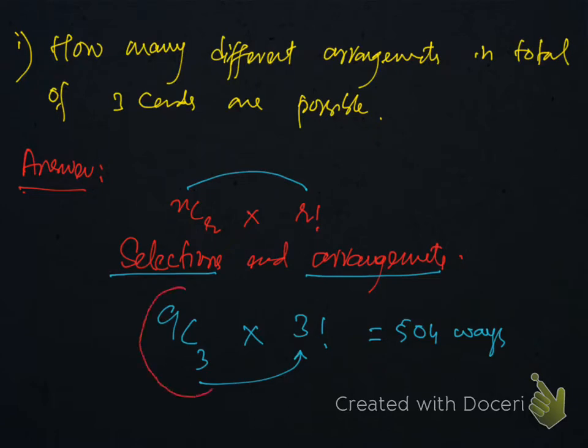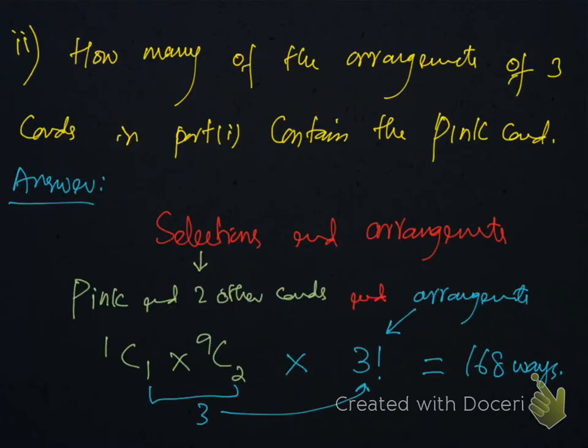So 9C3 means any 3 letters from 9 letters. And since the arrangements are random, we should write 3 factorial here. So this part is for selections and this part is for arrangements. And there are 504 ways to arrange 3 letters from 9 letters.